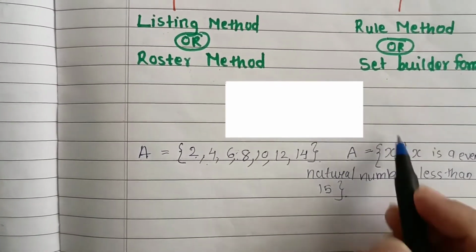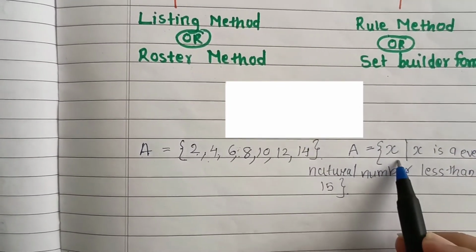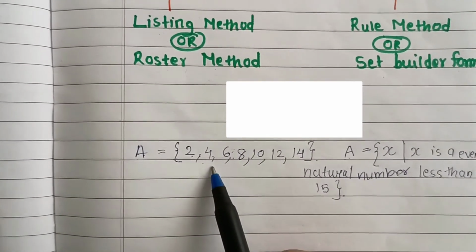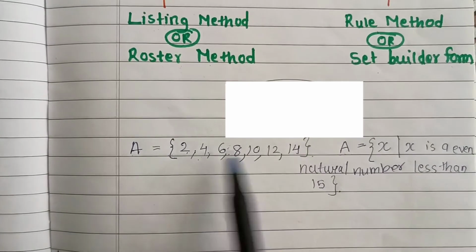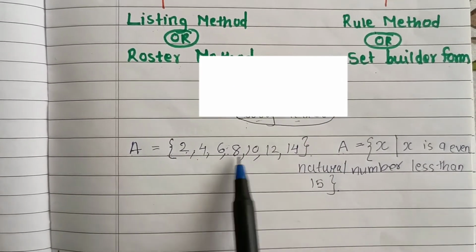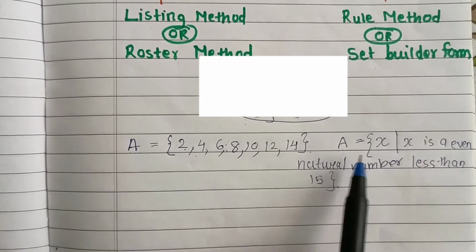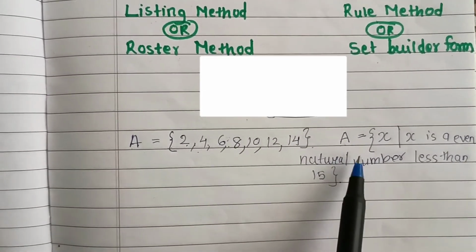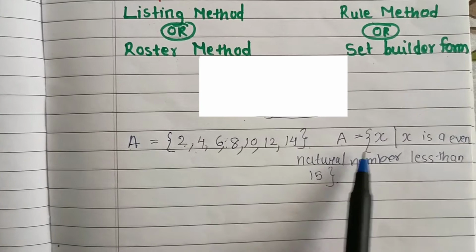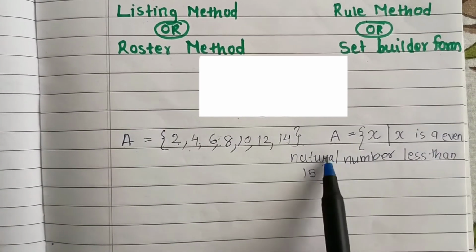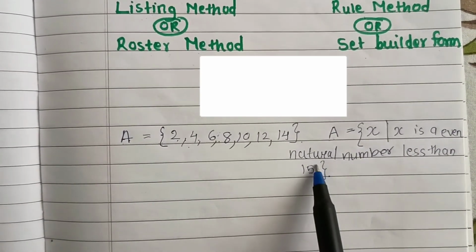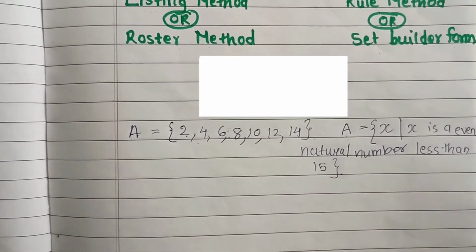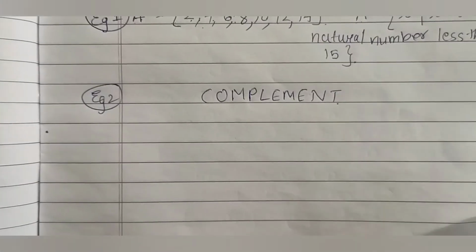So basically in rule method we write down the rules on which the listing method is represented. So over here as you can see, both represent the same set, but over here this is the rule method and this is the listing method. In rule method we write down the rules, that what are the rules followed. So the rule followed is an even natural number and which is less than 15, and in listing method we list all the elements.